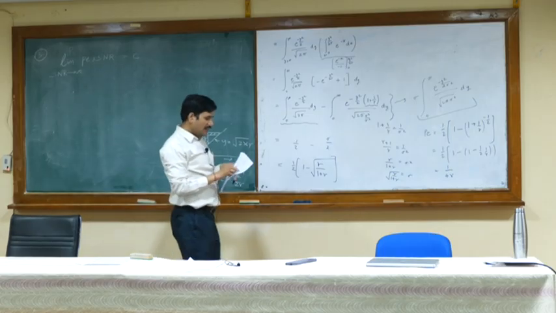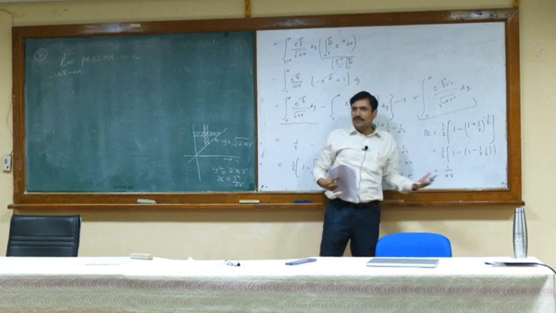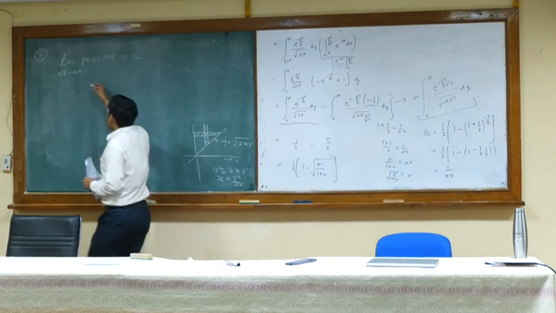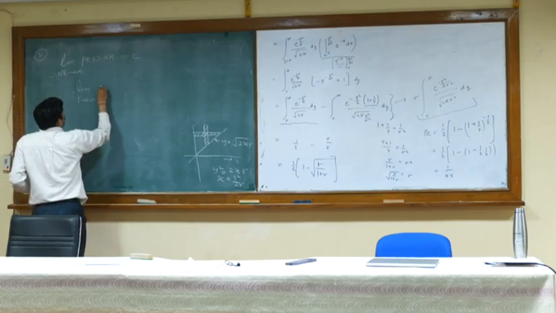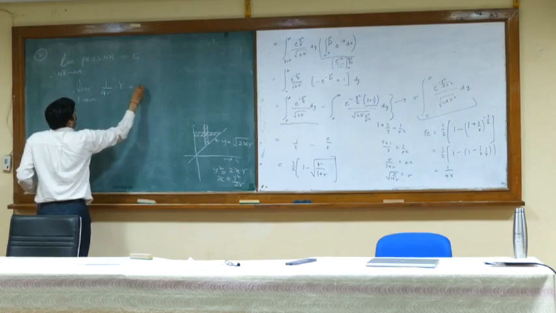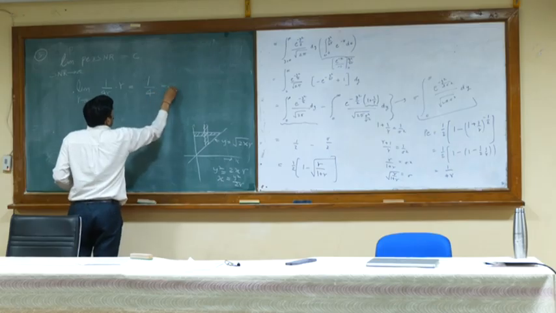Identify the value of C for the Rayleigh fading channel. So here we are getting 1 by 4 gamma. So limit gamma tends to infinity, our probability of error is 1 by 4 gamma, and SNR is gamma, which comes out to be 1 by 4, which is the value of C.